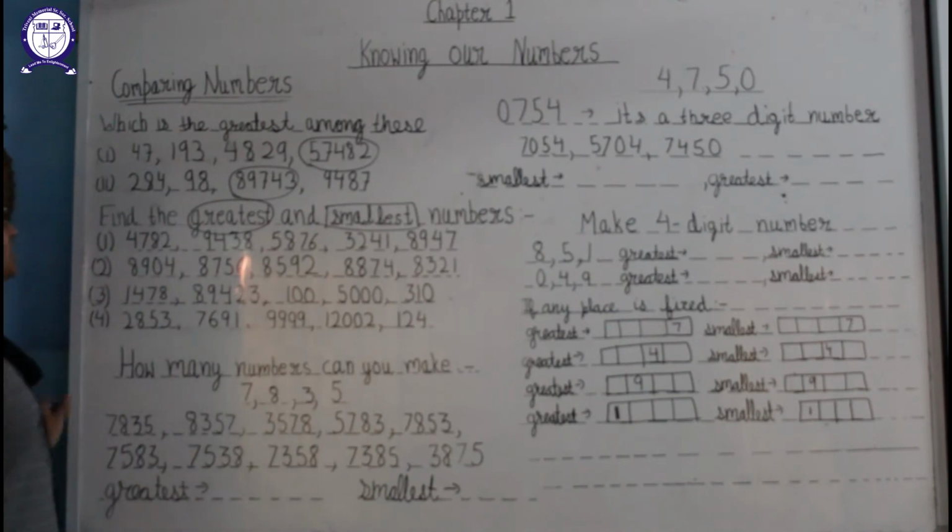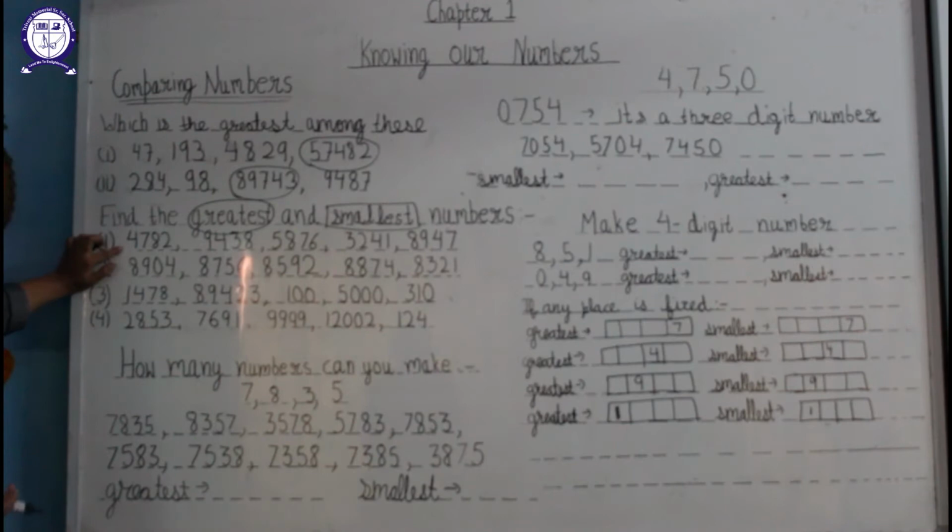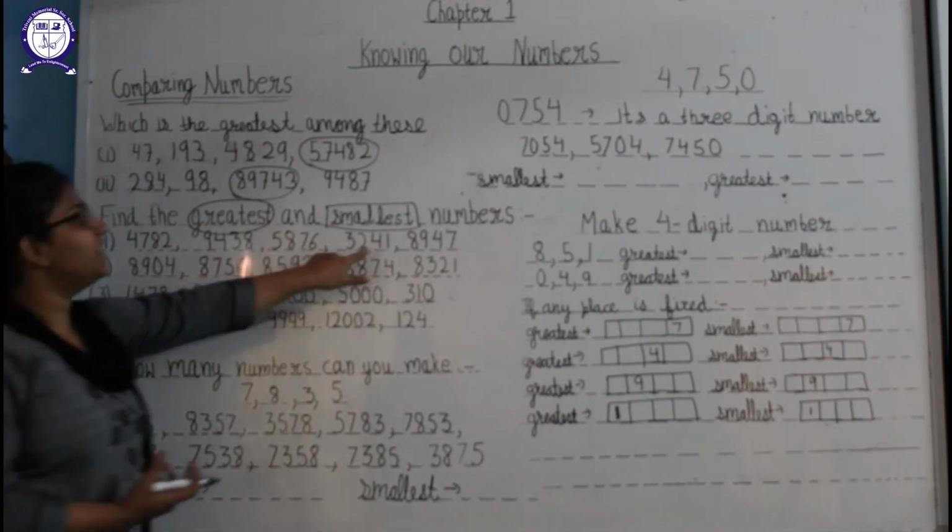So let's start. First of all, we can compare numbers by digits, which we have done earlier. Now if the numbers have the same number of digits, we first compare the first digit. Here they are 4-digit numbers, meaning ones, tens, hundreds, thousands. So we compare the thousands place of the digits. Here it is given 4, 9, 5, 3 and 8.